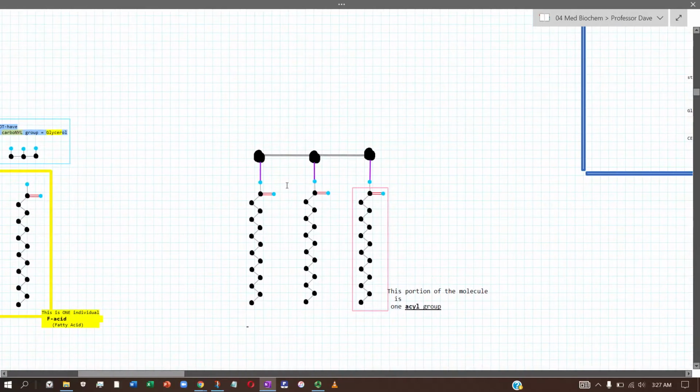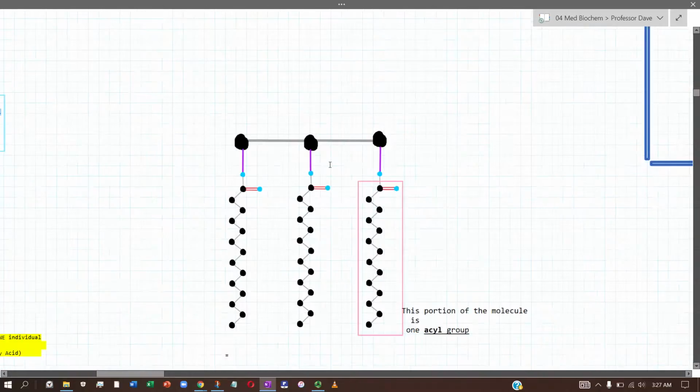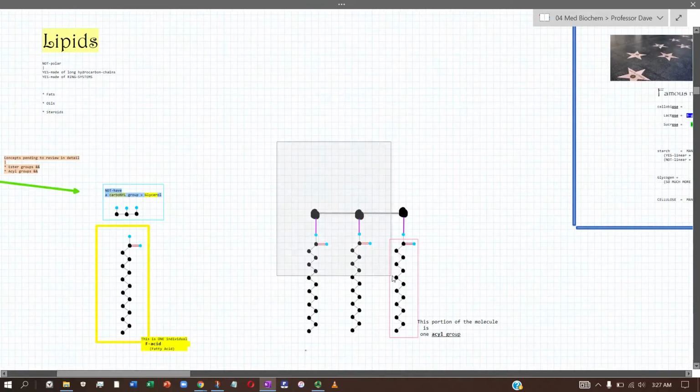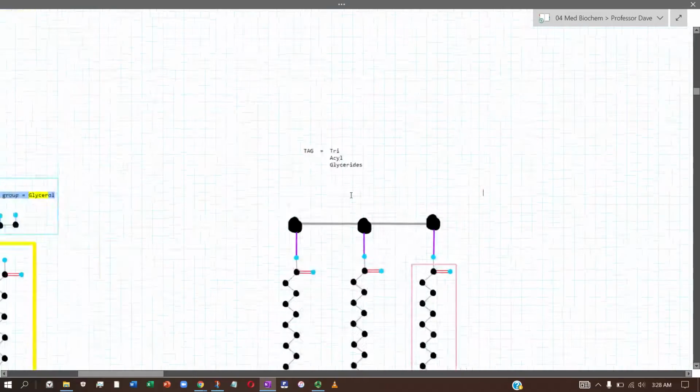And this is before it has the polar head group over here, which is what the lipid bilayer is made of. So for now, let's just appreciate this concept right here, which is called TAG. TAG stands for triacylglycerides. These are tags.